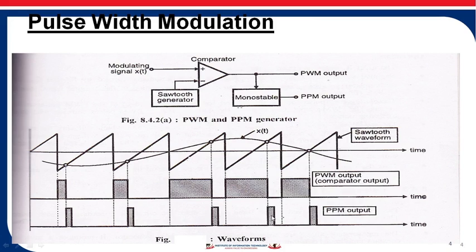In this way, at the output of the monostable multivibrator we see a train of pulses, but the position of these pulses is different, and that shift in position depends on the amplitude of the modulating signal. So the information in pulse position modulation is in the shift in the position of the pulses. This type of pulse modulation is called pulse position modulation.